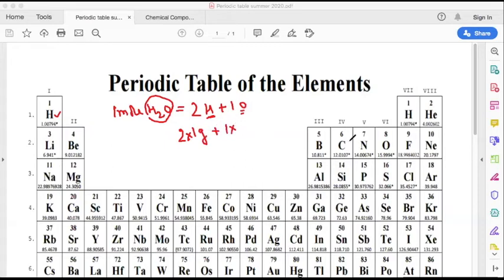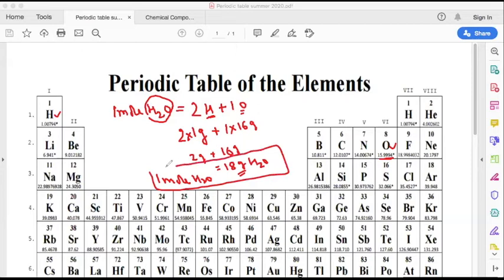How many grams is each oxygen atom? 15.99, you can say 16, right? Close. So that is 2 grams plus 16 grams gives you 18 grams. So I can say a mole of water is equal to 18 grams of water.